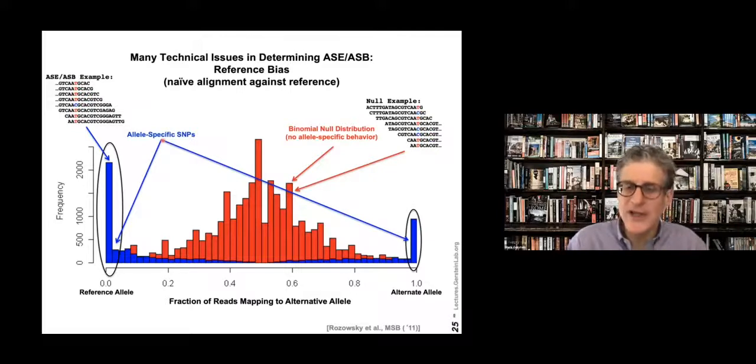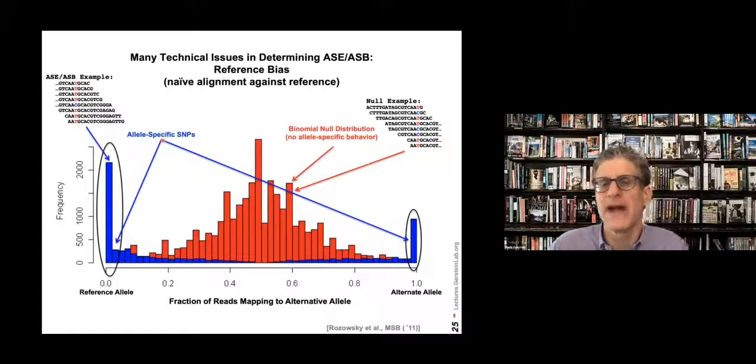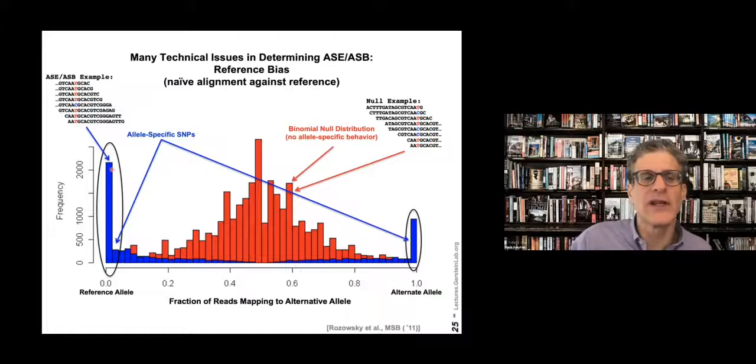It's easier to map to that, and therefore you'll seem to get higher expression or binding for the allele in the reference genome. And that in this type of plot will lead to a kind of imbalance where you'll seem to get, say, more overall allele-specific expression for, say, the paternal allele than the maternal allele. And that's not real because you wouldn't expect that type of situation at all. You expect it to be kind of even. And that has to do with what's called reference bias.